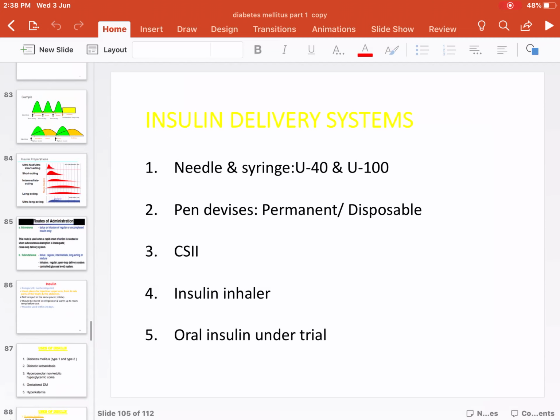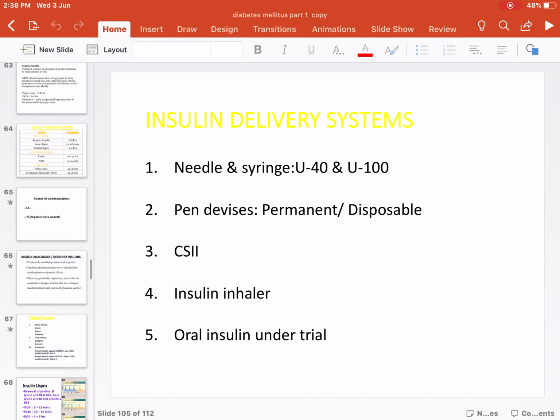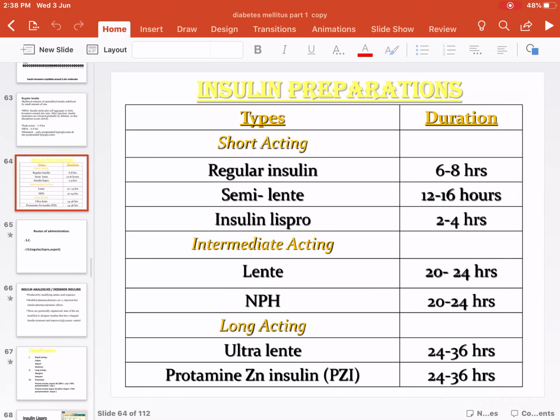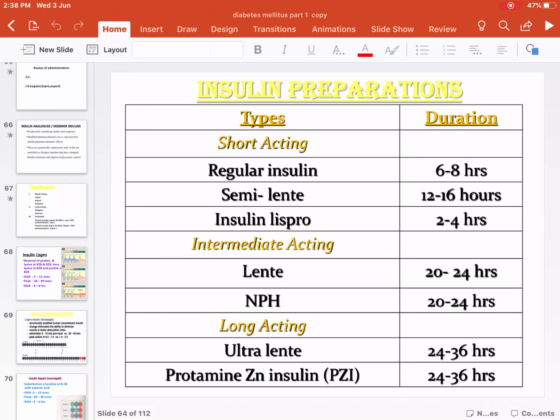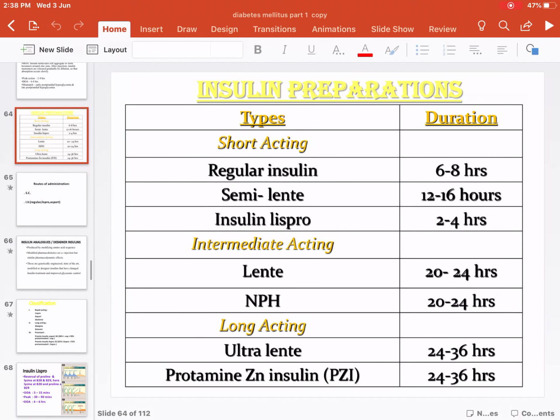What are the types of insulin? There are several types of insulin preparations. We have regular insulin. Other than that, we have lente, NPH, longer acting ultralente, protamine zinc insulin. Along with this, we have insulin analogues.